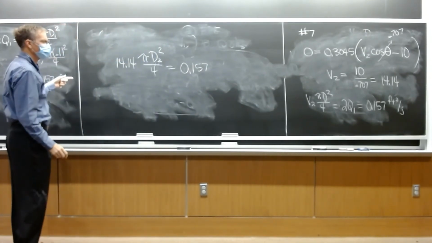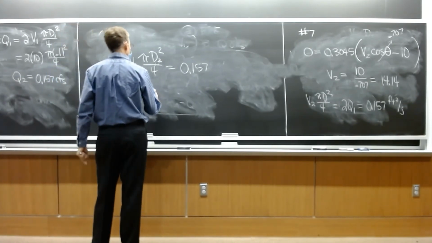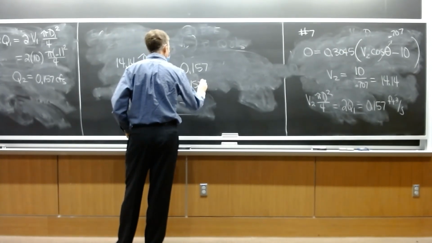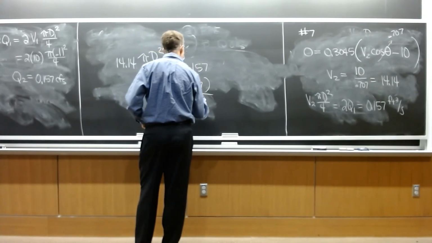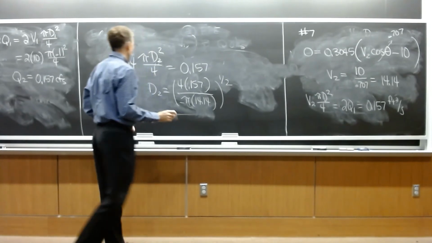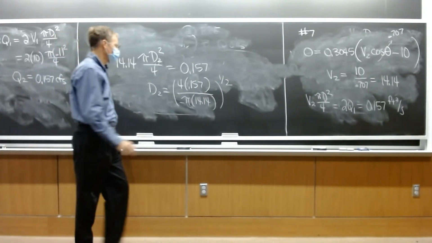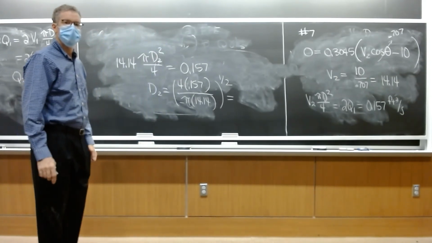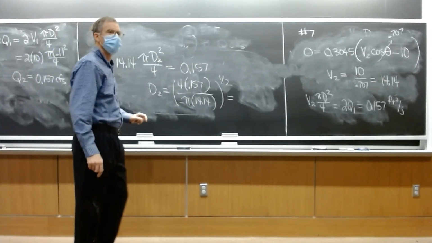That's our Q in equals Q out. Yeah. I got 0.029, but I can double check. Oh, for D2? Yeah, I can double check.